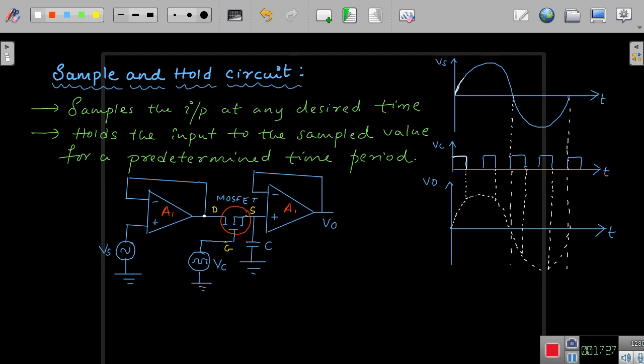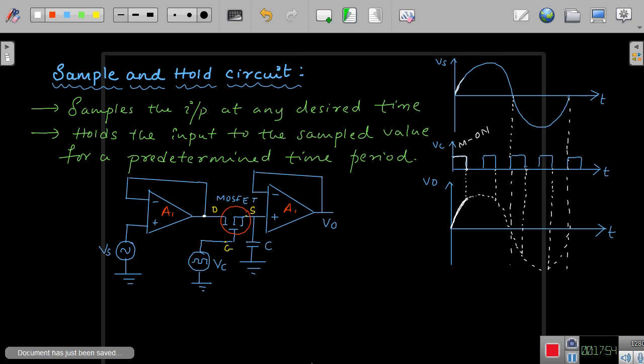Therefore your output also will follow the input. I will draw it like this. Output will follow the input. Now at this instant you are turning off the MOSFET, because that is the instant at which your input is required to be sampled.